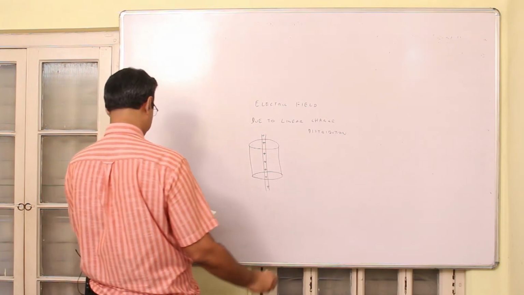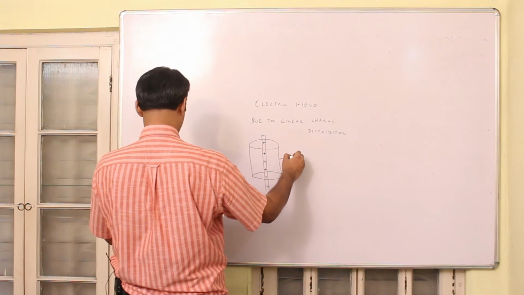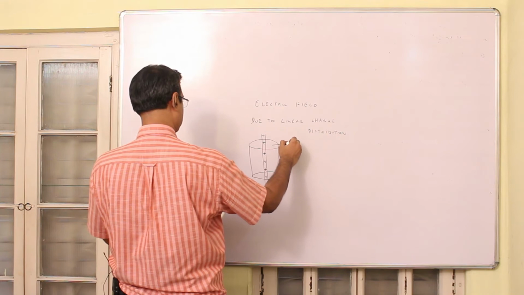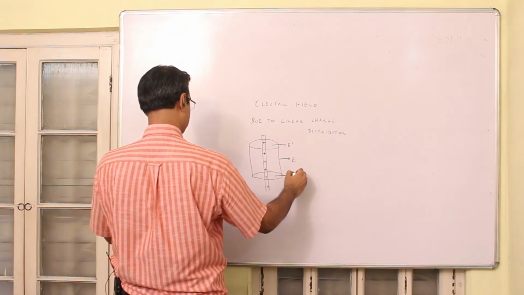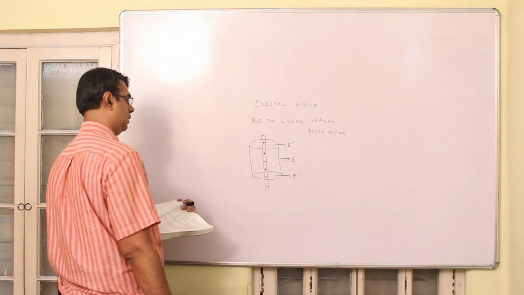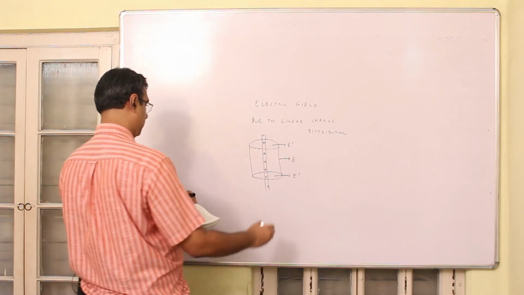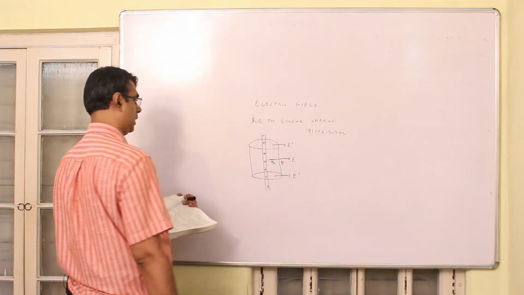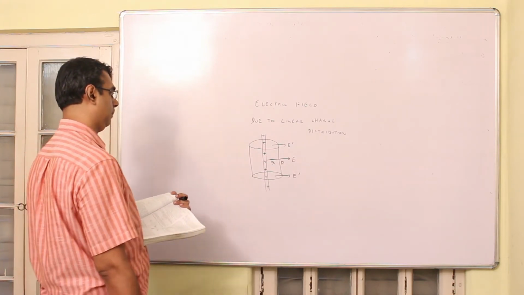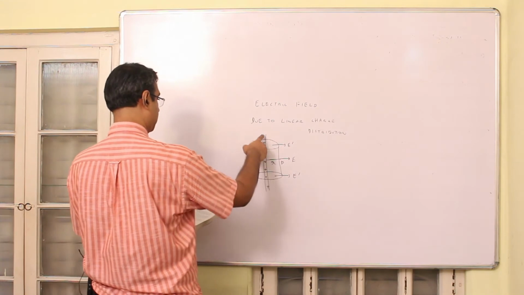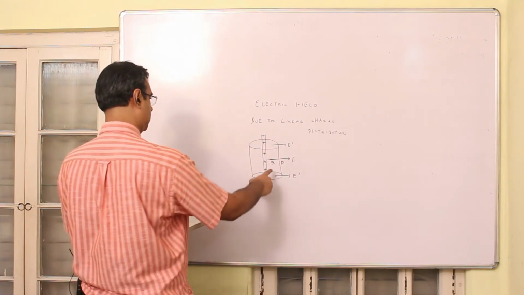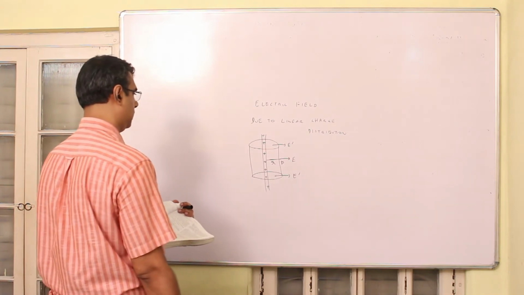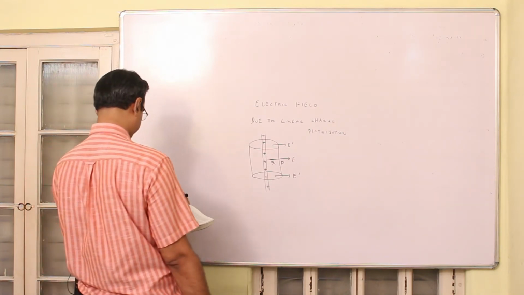Suppose this is a linear charge distribution. And I am interested in finding out the field at a point P, which is at a distance r from this linear charge distribution. So I will draw a cylinder centered on this charge distribution with radius small r, such that the surface of this cylinder has the point P on it.